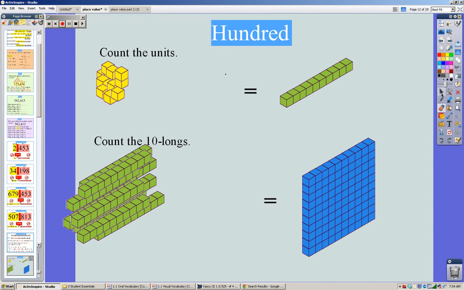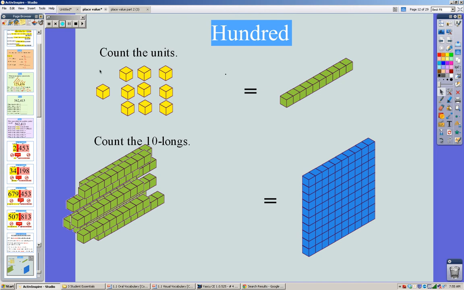Now, I think this is going to really help you guys as students. We talked about these little blocks right here. You can see 1, 2, 3, 4, 5, 6, 7, 8, 9, 10. We have 10 blocks. Well, 10 of these little blocks equal what we call a rod. You can see this rod right here. That has 10.